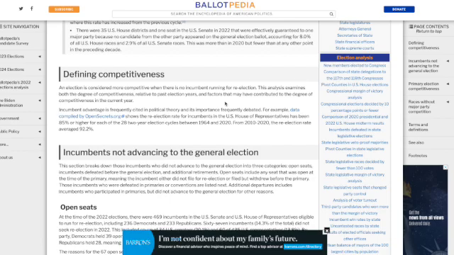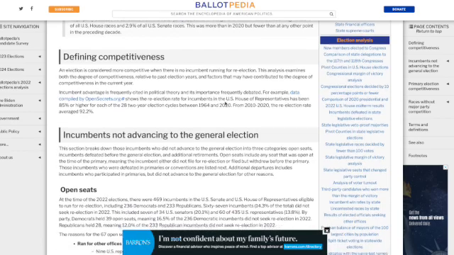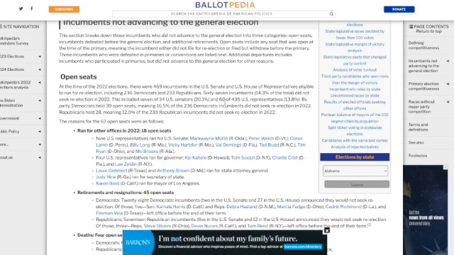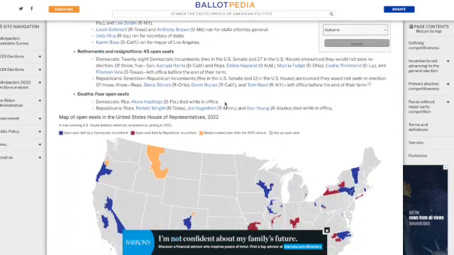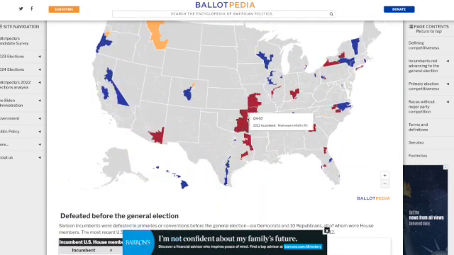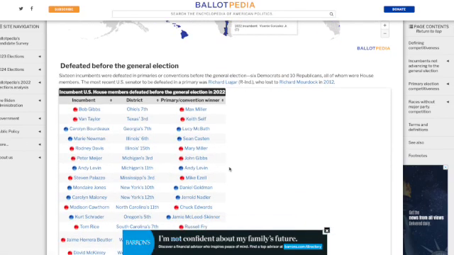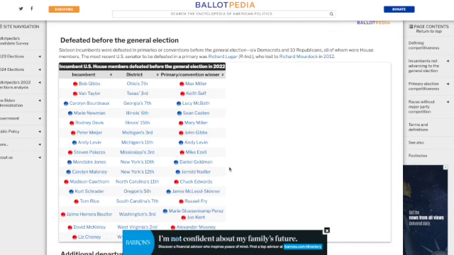Of course, they're not always going to be right, but at least here's the data so you can look at it for yourself, and they'll show you the most competitive seats in every state.